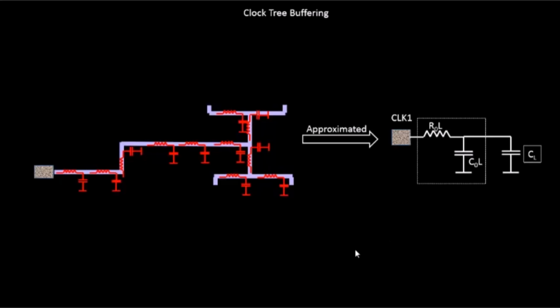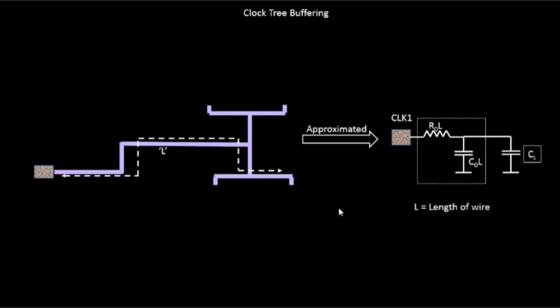So first of all, let us clearly define what all these terms are about. L is the length of the wire. So let's say we take one section of the wire and call it the length. So this is the length of the wire, L. Next we have R0 and C0. R0 and C0 are the per unit length resistance and capacitance.